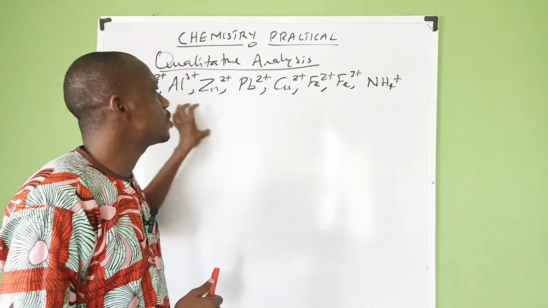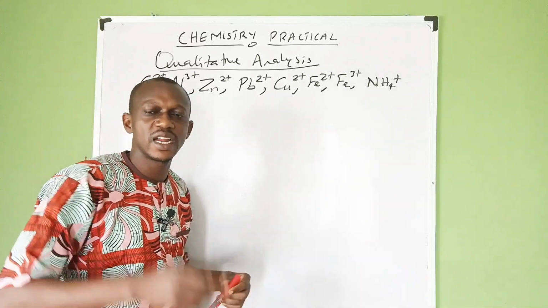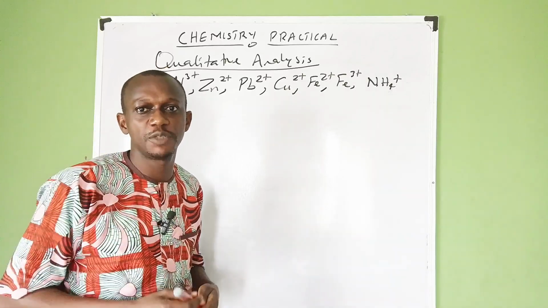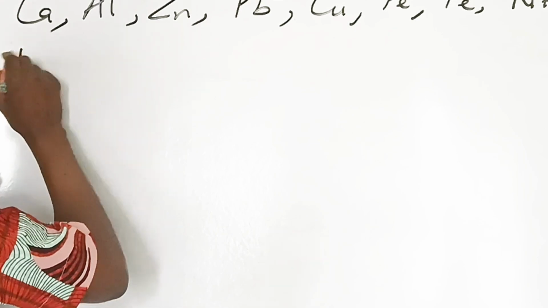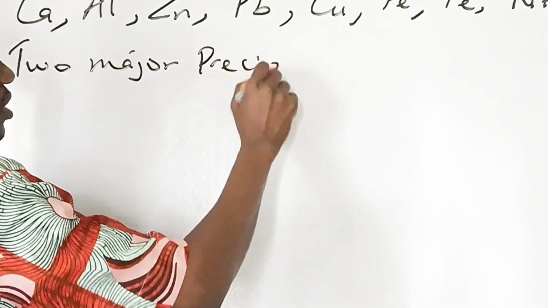Now, for you to be able to know how to get this and to analyze it, there are two major precipitating reagents. Let me name them now.